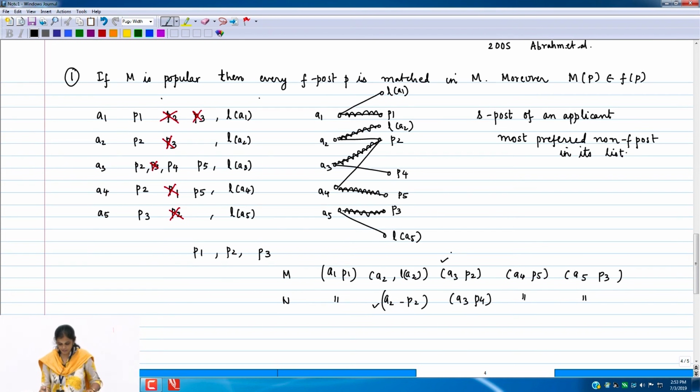Okay, so what we have just defined is F post and S post. We will write the theorem and maybe prove some things.